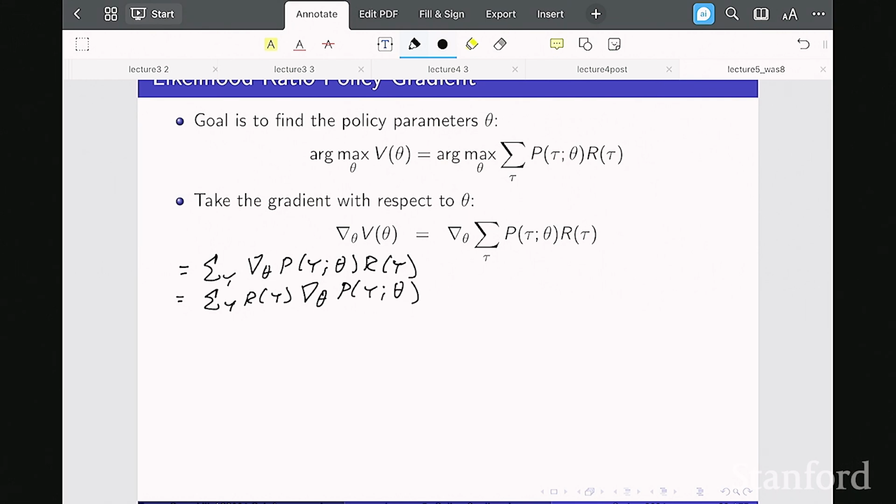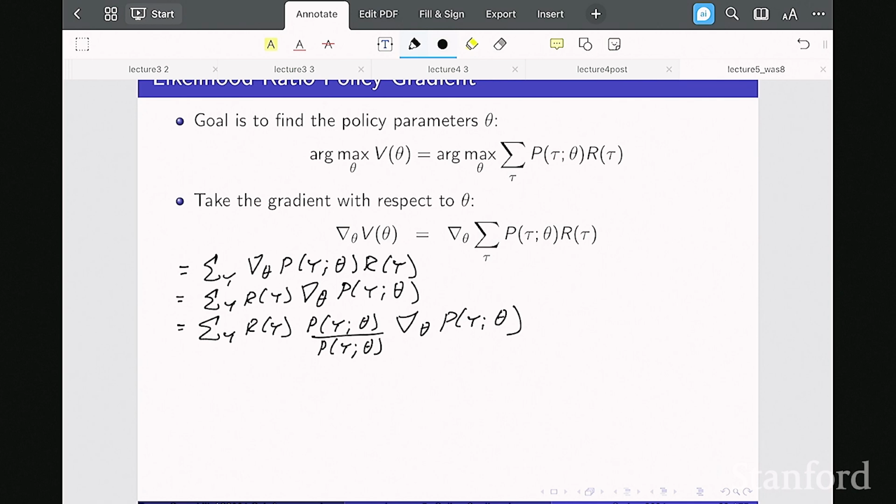And now I'm going to play a trick. I'm going to note that this is going to be equal to, well, I'm going to do something that's going to seem not very helpful for a second, and then we'll see why it's helpful. I'm just going to multiply and divide by the probability of a trajectory. Okay. I haven't done anything.